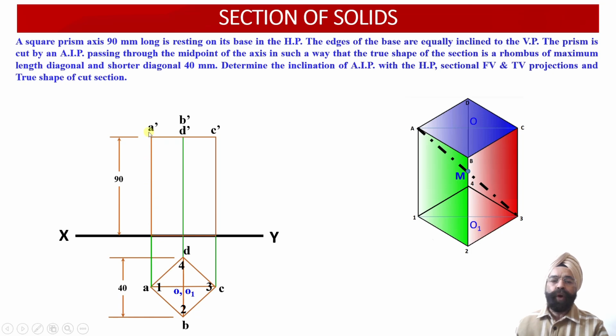We can see points A dash, B dash, C dash and D dash have been obtained corresponding to the top face at a height of 90 millimeter from the XY reference line. Similarly, the base points 1 dash, 2 dash, 3 dash and 4 dash have been projected onto the XY reference line over here. And now the axis points O dash and O1 dash have been appropriately located onto the top face and the bottom face of the square prism respectively.